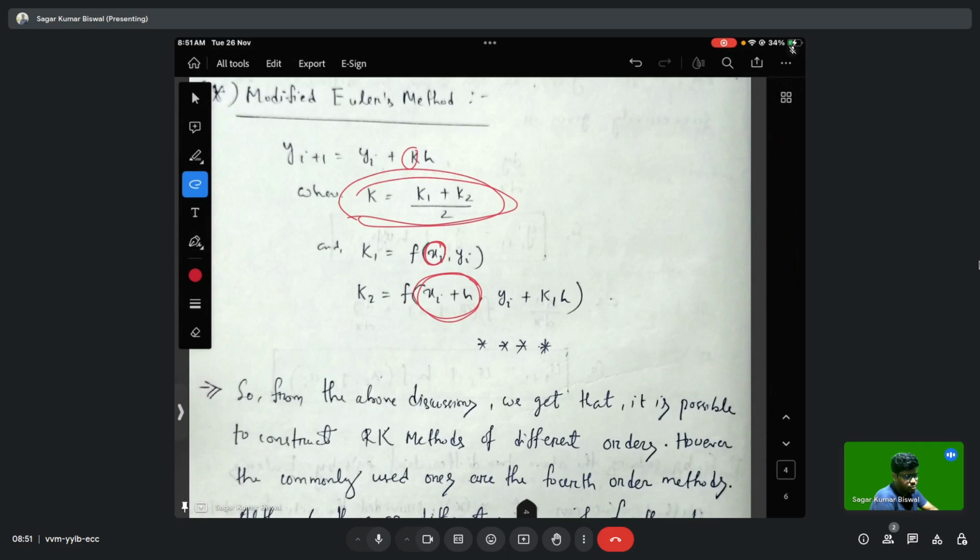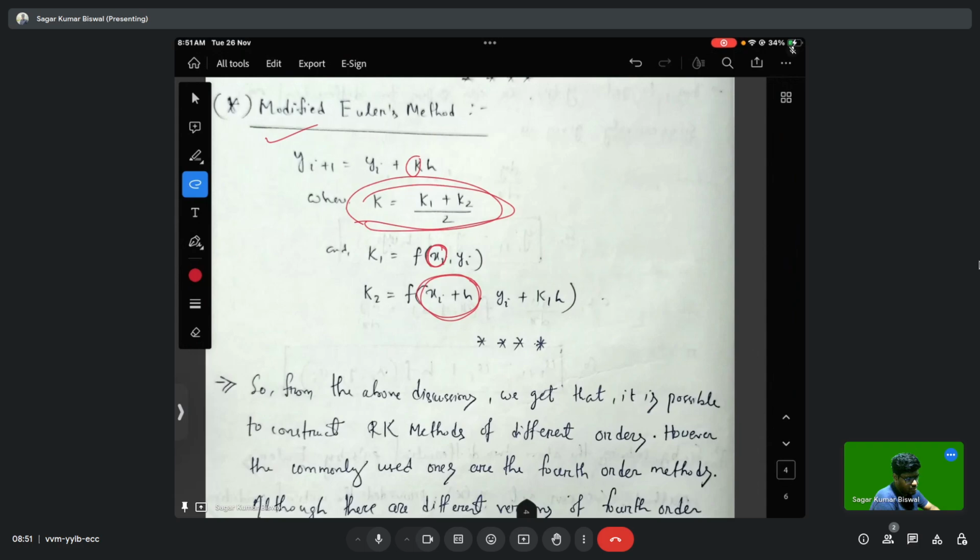This is known as the modified Euler method. So here you put xi, yi value, then to calculate k2, you will put xi plus h and yi plus k1h. Right?